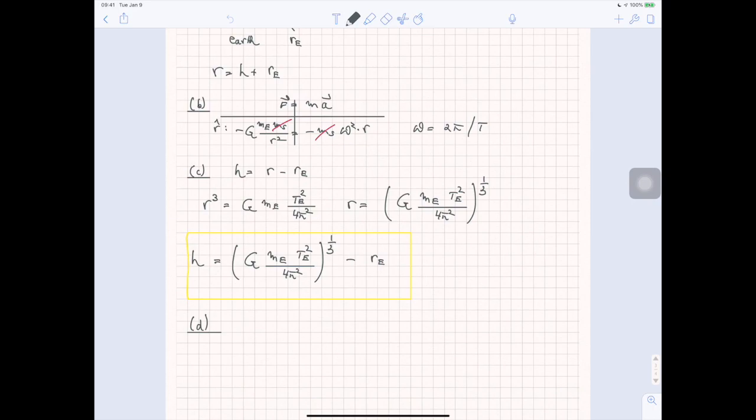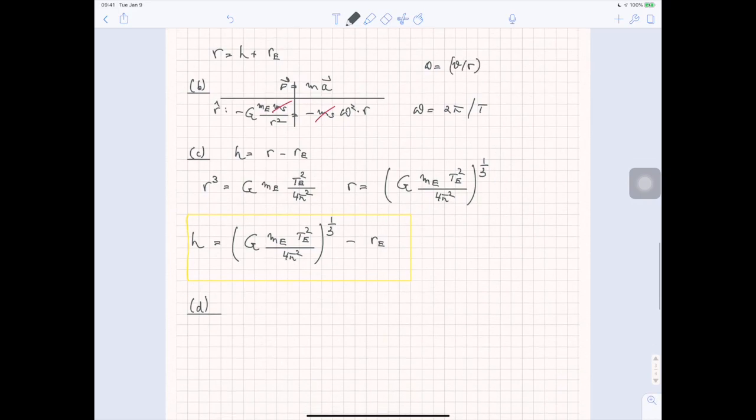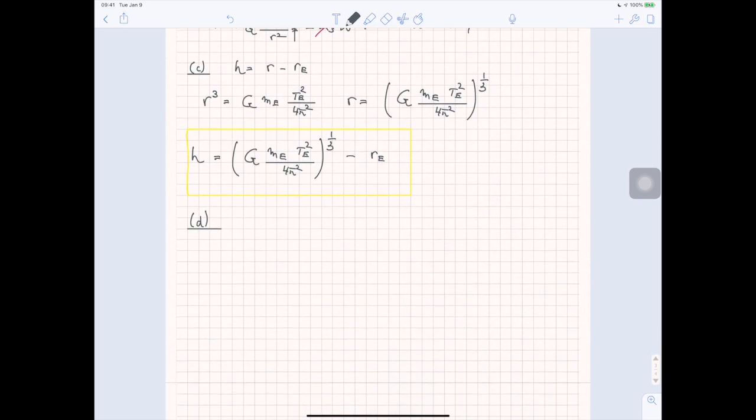So this is therefore minus Ms v squared over r. Remember, omega is equal to v, the linear velocity, over r. You're dividing out the radial dependence. So let me rewrite this. We have minus G Me Ms over r squared equals minus Ms v squared over r.